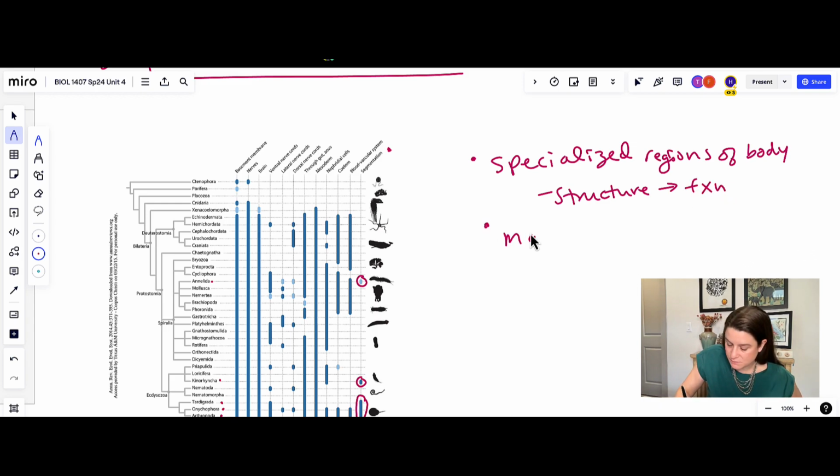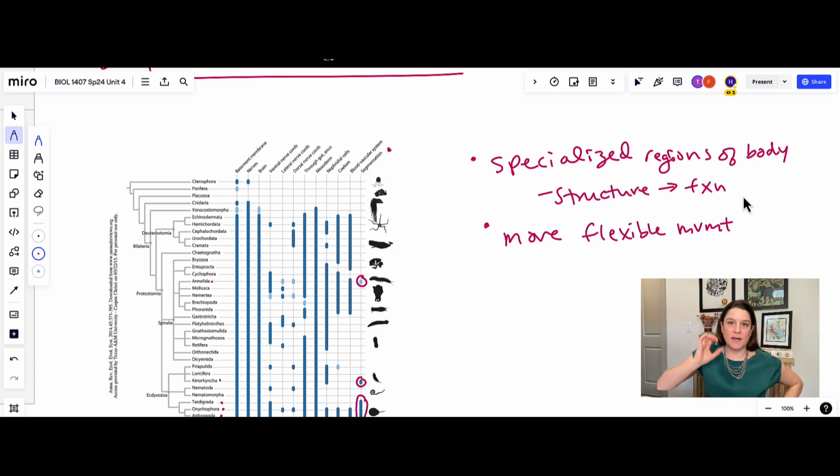They also have more flexible movement. And if you think about an earthworm moving or a leech wiggling, clearly a lot of flexibility there. Same with the arthropods. Think of the crayfish tail or shrimp tail. It has segmentation. It can even bend, even with its exoskeleton, which is really kind of important because the exoskeleton is quite hard. So if it was not segmented, you'd really have no flexibility at all.